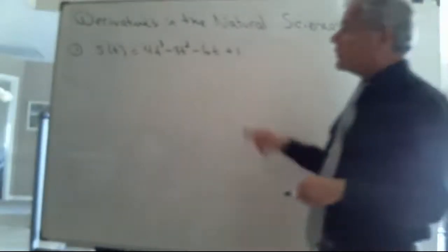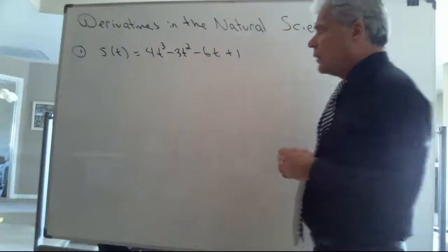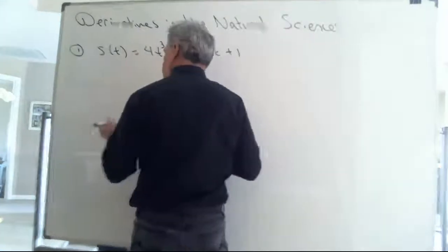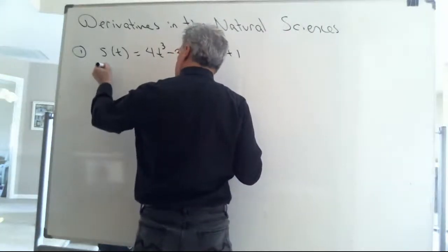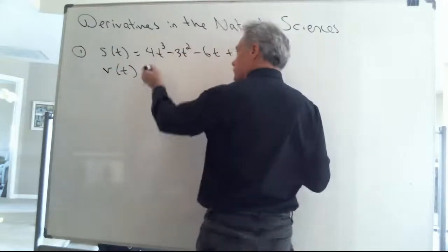Let's consider a particle moving along a straight line whose position is described by what I call a position function. Now, differentiating the position of this particle gives me the velocity of the particle. So the velocity is nothing more than the derivative of my position function.